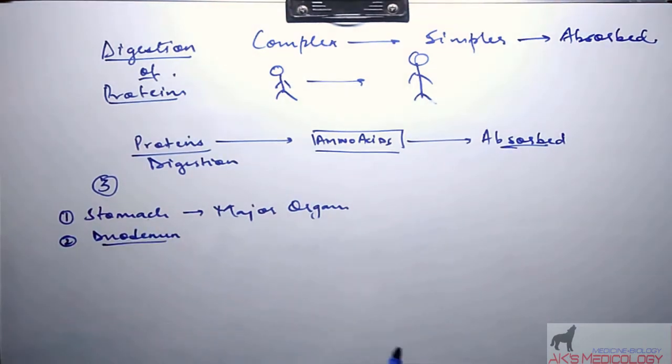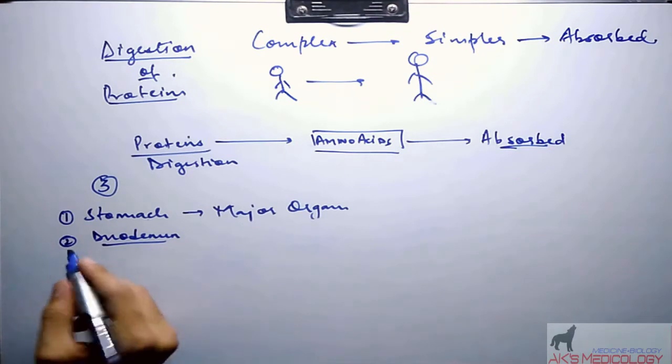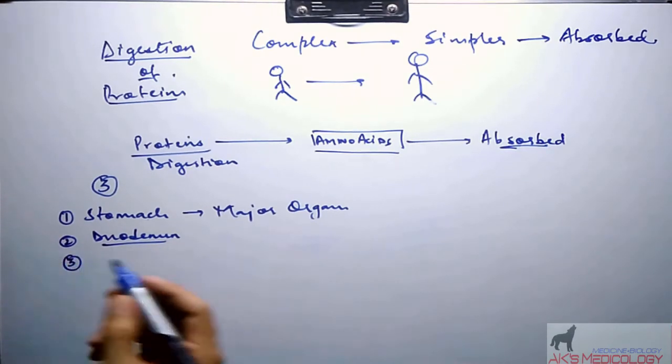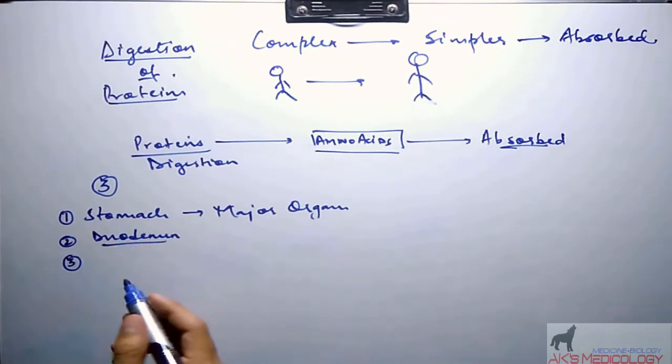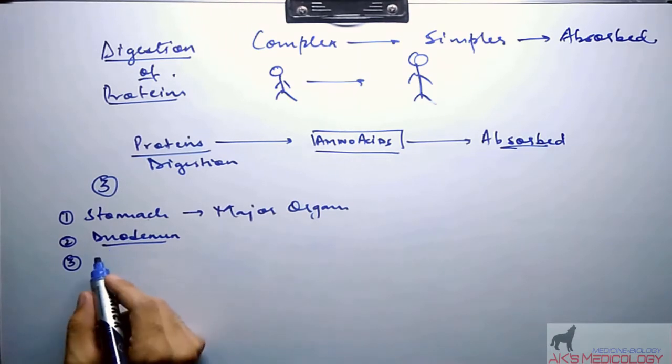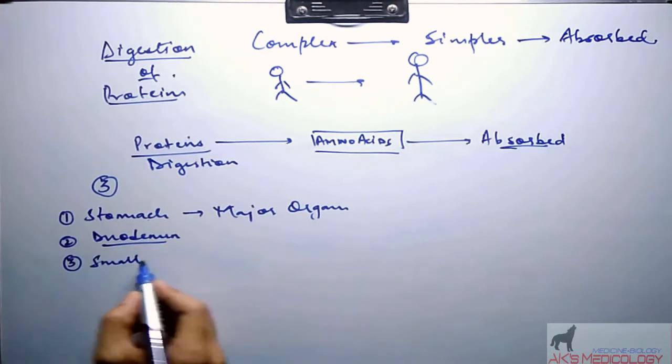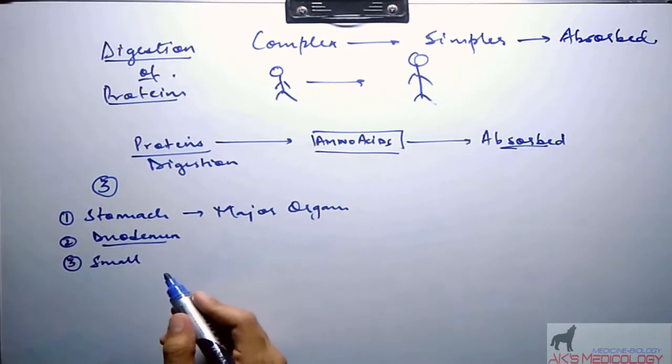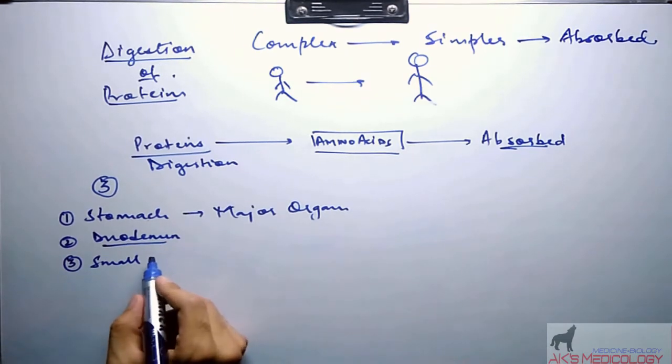Duodenum is the first part of the small intestine which possesses two other parts, namely jejunum and ileum. And the third site where digestion of proteins completes is the rest of the small intestine, which includes the other two parts that are jejunum and ileum.